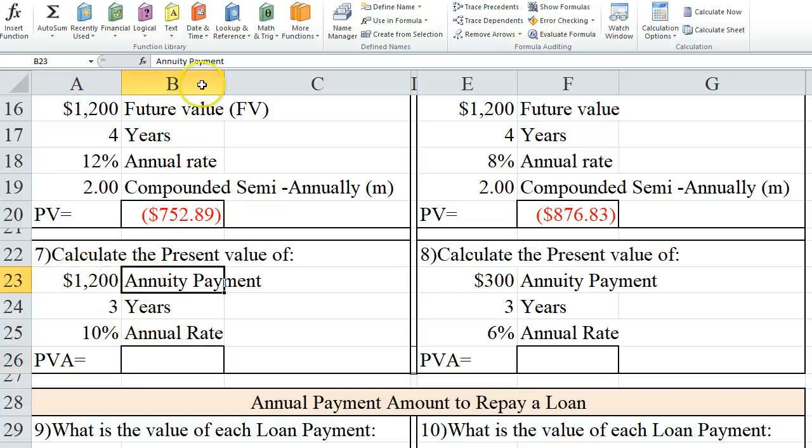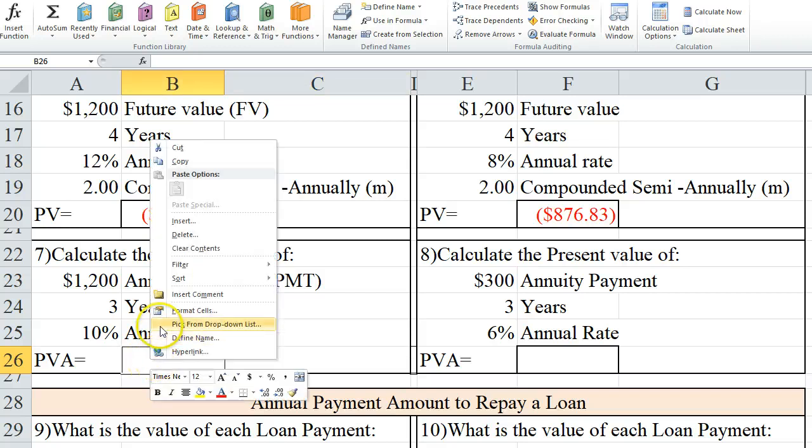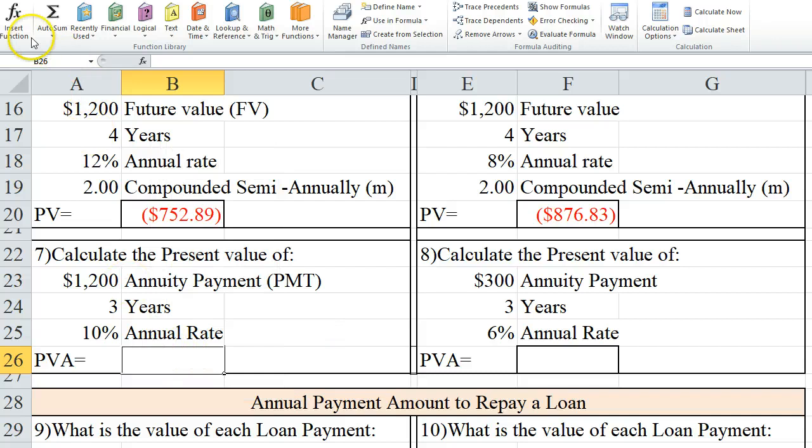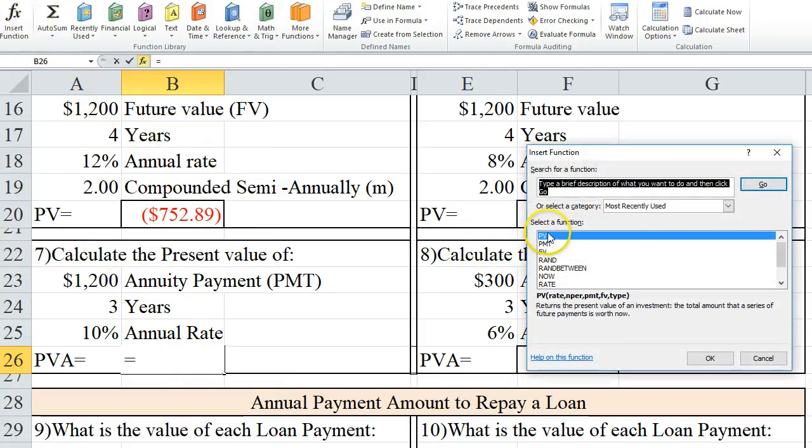So this annuity payment is basically the payment term. We're going to use the present value function again.